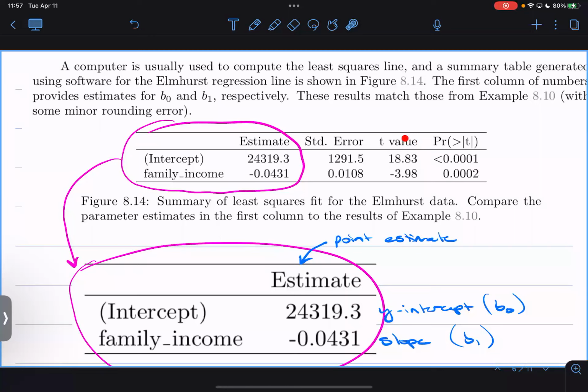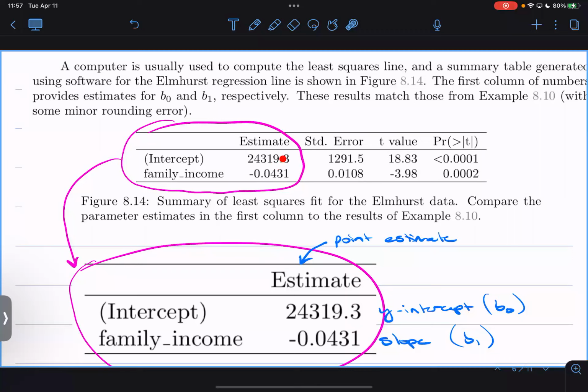How far is it from the hypothesized value divided by the standard error of the point estimate? Okay. Now, what we're doing here with the t is seeing how far it is from 0, right? Is the slope significantly different from 0? Yes, a t of 18.83, and it even gives us the p-value, less than 0.00, it's almost 0, right? Which makes sense, this is huge. It's not 0, that's not that interesting.